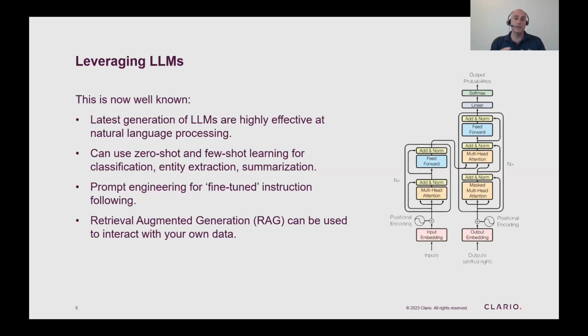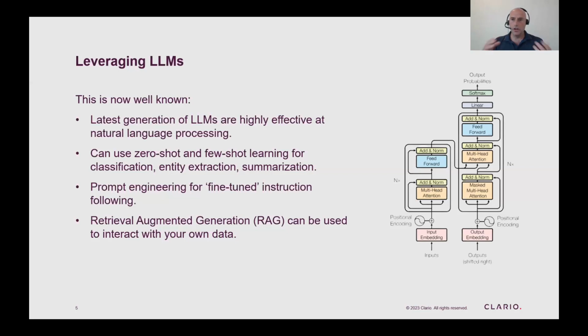The list is quite big now with the latest generations of LLMs. You can also apply prompt engineering to, quote unquote, fine-tune instructions as you instruct the LLM to extract information, classify, and so on, to ensure that you have accurate information returned by the model.